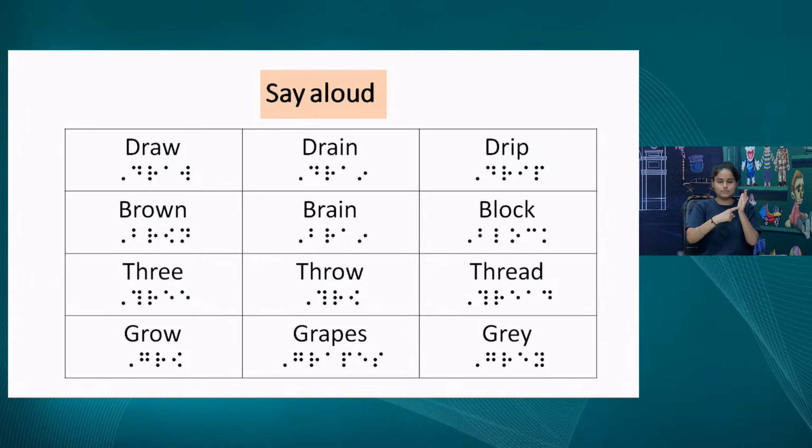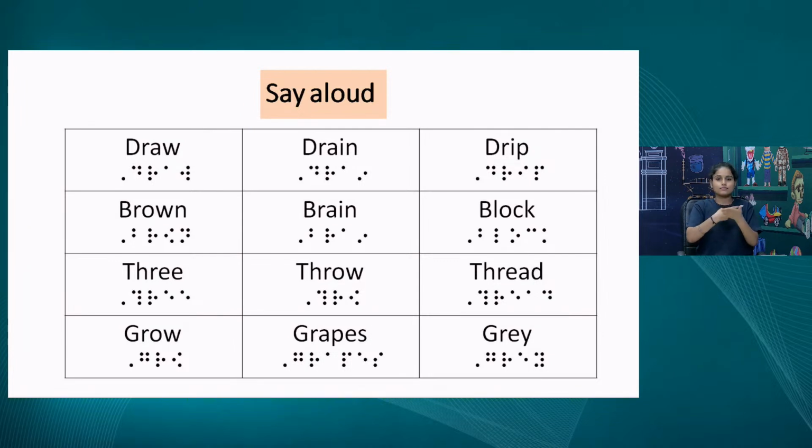T-H-R-E-E, that is T-H-R, three. What are the three things we had in our poem? Three red steps. So, three, throw. T-H-R-O-W, throw. T-H-R-E-A-D, thread.